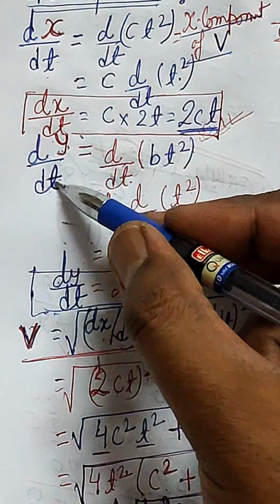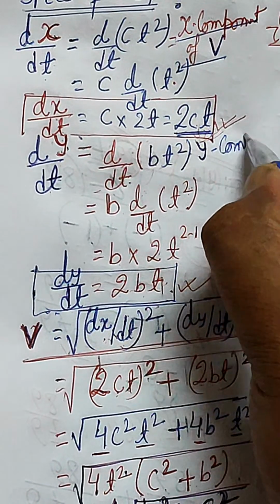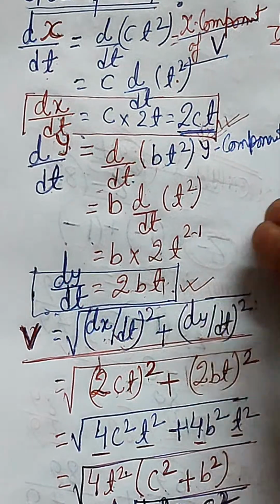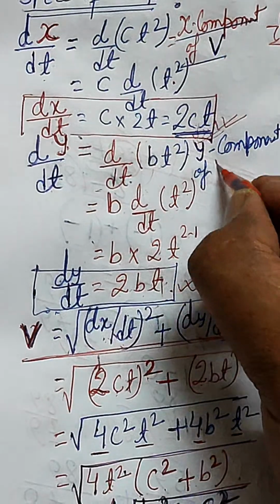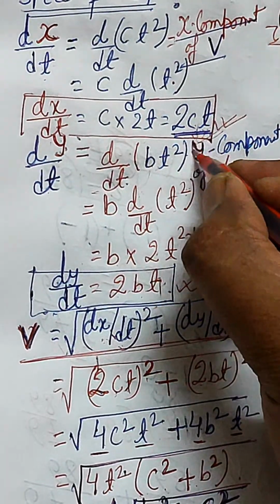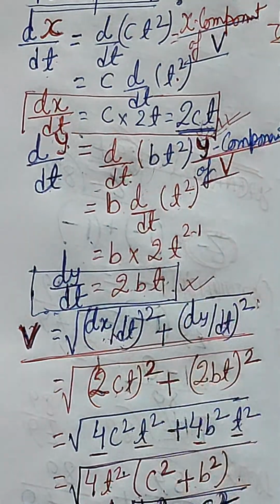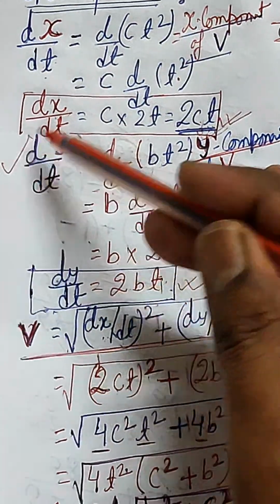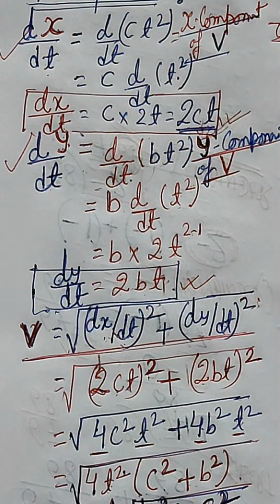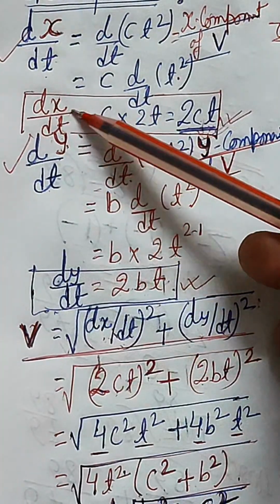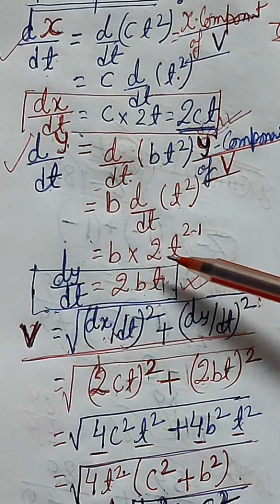And this dy by dt is the y component of velocity, right? This is the y component of velocity and this is the x component of velocity. So we calculated the value of dx by dt, that is 2ct. We calculated the value of dy by dt, that is 2bt.